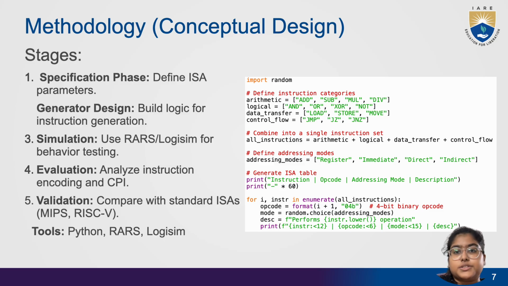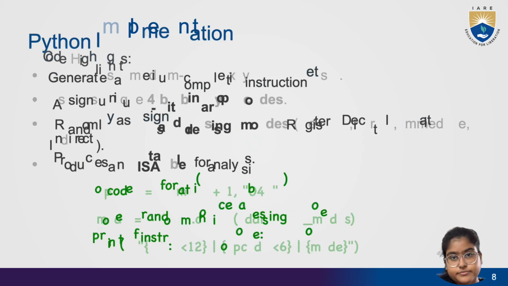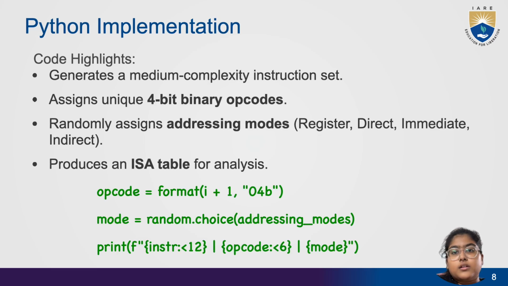Tools like Python and Logisim were used because they're lightweight, often open source, and easy to integrate. And to my right, you can see the code used. I'd like to mention that the code helps automate case study creation for different ISA configurations. Now, the practical implementation is done using Python. In the script, I first defined instruction categories like arithmetic, logic, data transfer, and control.